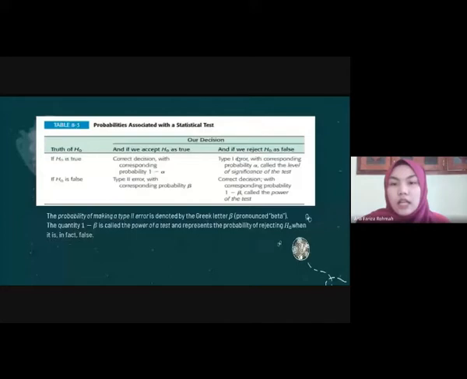If we reject the null hypothesis when it is true, the result is a type 1 error with corresponding probability alpha, called the level of significance of the test.